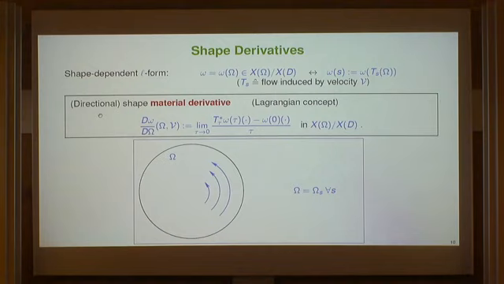Why? Consider this setting. We have a circular domain, and the vector field induces a rotation. So under this vector field, the domain does not change. So the shape derivative of the form in the direction of this vector field should be 0. Now consider the case of a 0 form, simple functions.